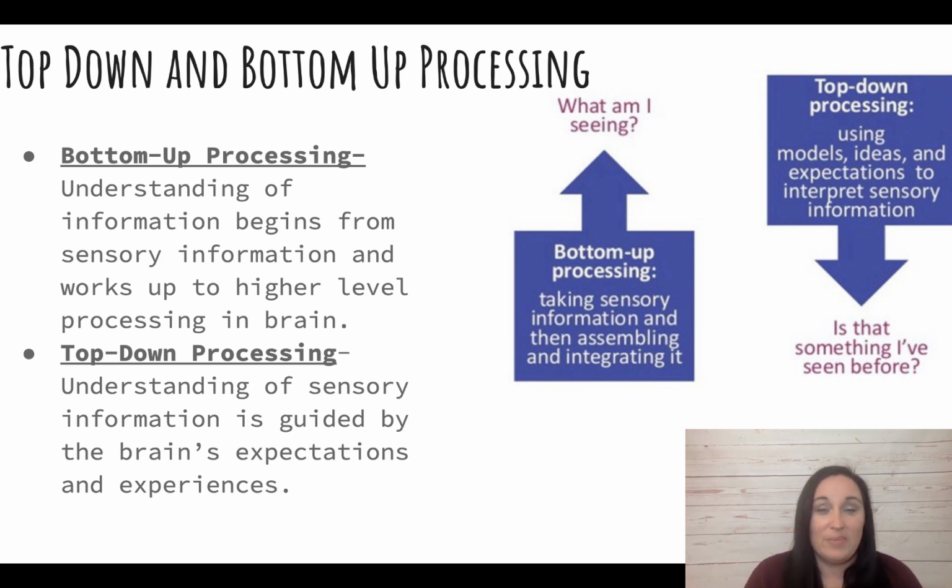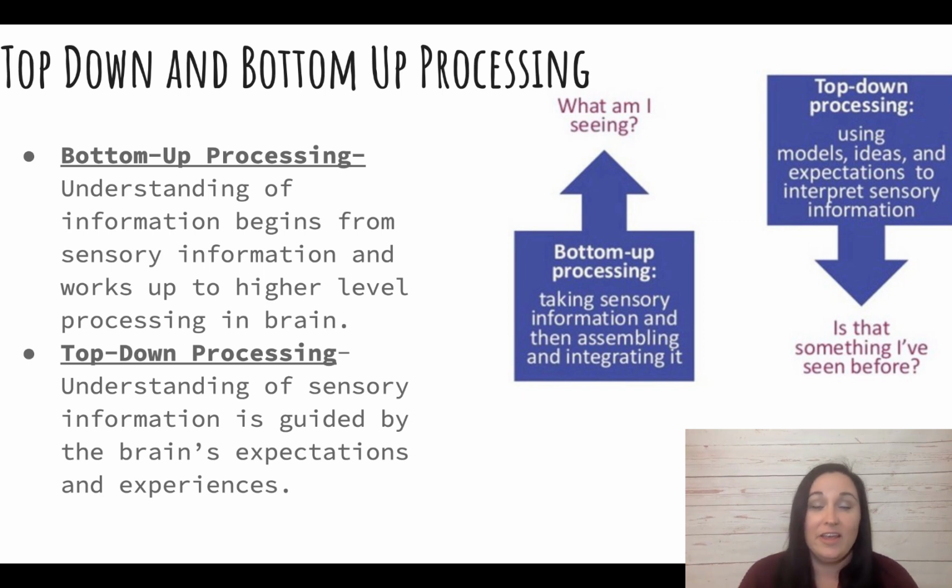So, for example, if you don't know the word in a song, you're really listening to the sound of that thing. You're not taking into account the words before it, the singer, any of your expectations or thoughts. You're just taking in the sound to figure out what that word is. That would be bottom-up processing.